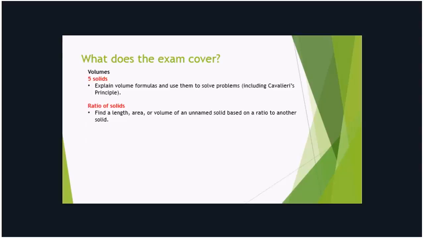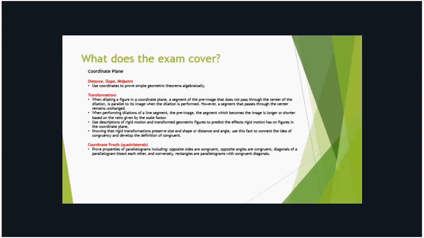The fourth topic, and this would be the first topic introduced for my Geometry B students, is volume. You talk about volume of all 5 solids as well as ratio of solids. That includes the ratio of the lengths, area, and volume. Then we get into some coordinate plane information. This has to deal with distance, slope, midpoint, transformations, as well as some coordinate proofs.